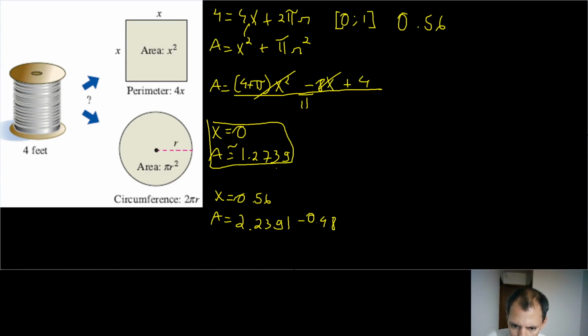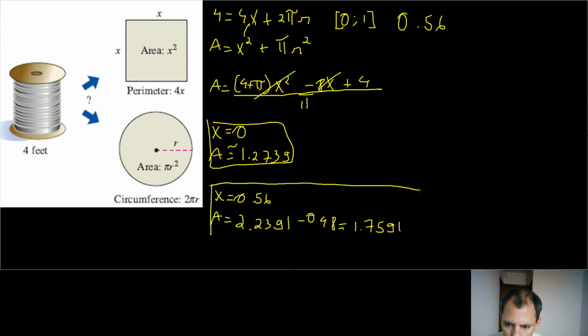So 2.23 minus 0.91 minus 0.48 equals 1.70. Oh man. 0.7591. Okay. So this is for this one.